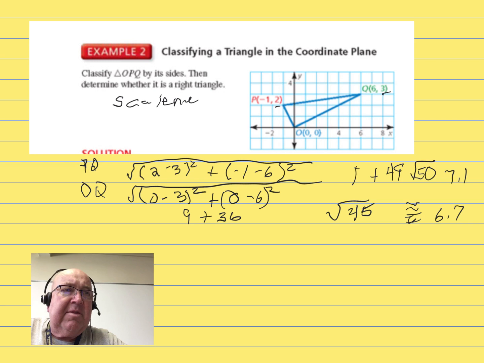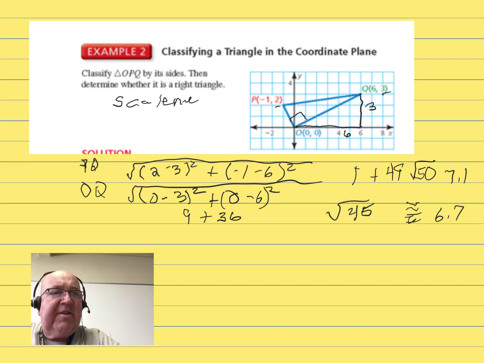Now we want to determine if this is a right triangle right here. So we're going to find our change in y and change in x, or the slope. Our y values change by 3. Our x values change by 6. So the slope of OQ is 1/2, reducing 3 over 6.